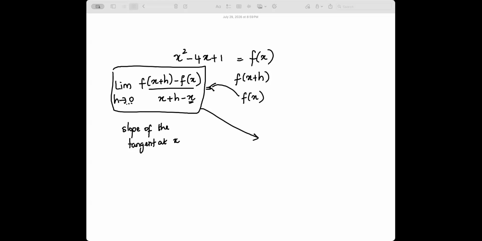I think I got it. It's okay if you didn't get it, no problem. Go ahead. Is it 2x minus 4? 2x minus 4. That's right.